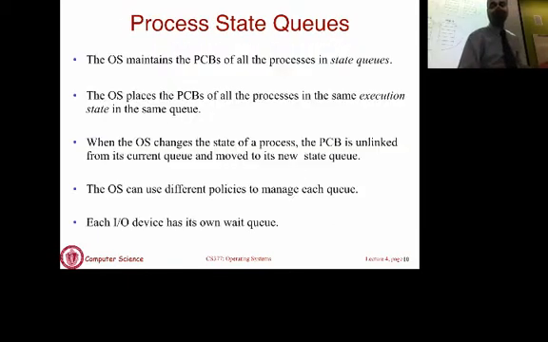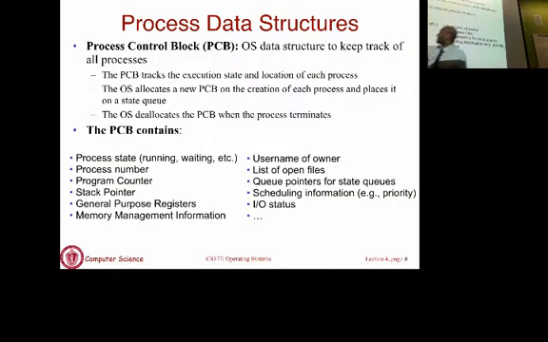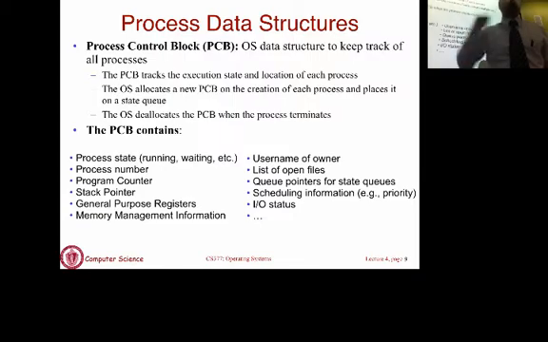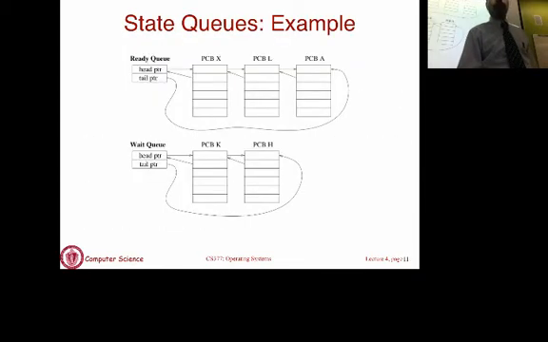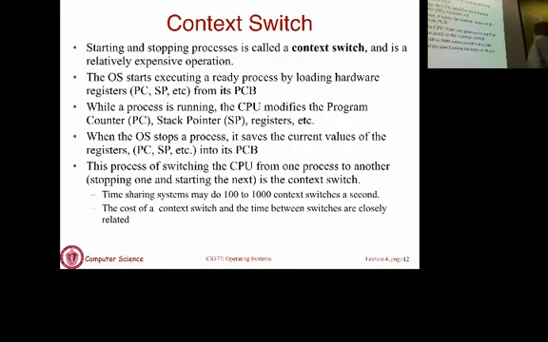If you go back a couple of slides, I showed you that the PCB has space to store the program counter and the stack pointer and so on. This is a memory data structure, so you are going to take the actual registers and store them there. You save them there so that when you resume execution, you can reload the registers and the process will start exactly from where it left off.